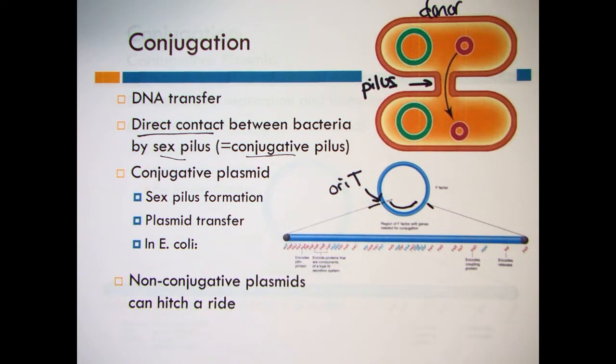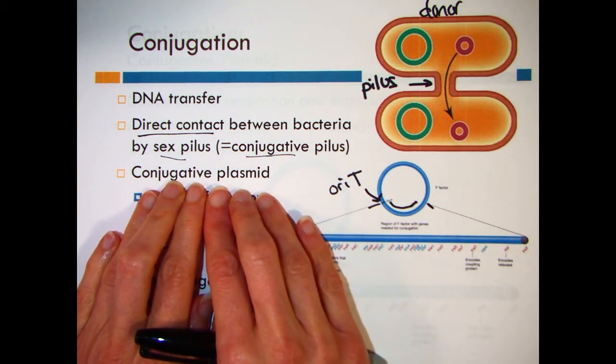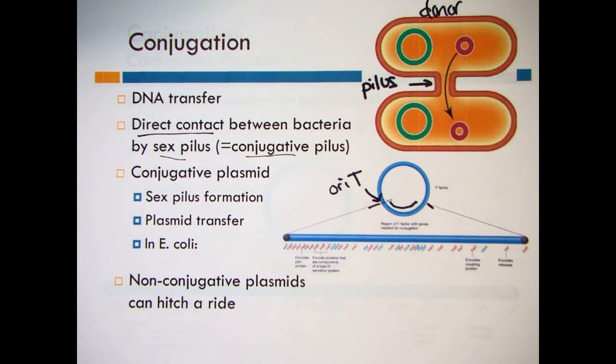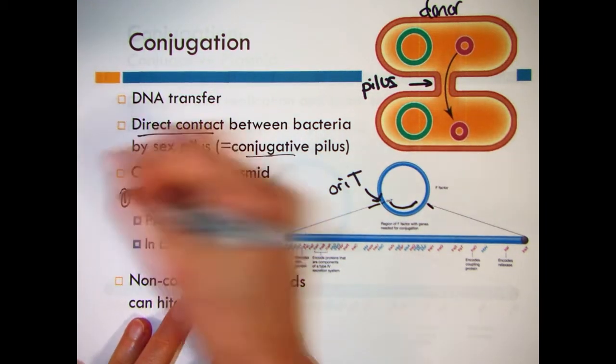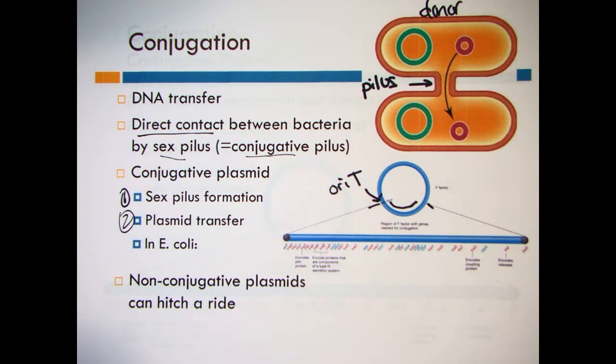The donor cell cannot be a donor cell unless it has the conjugative plasmid, which contains the directions for this to happen. The conjugative plasmid must contain two different types of directions. Number one, directions to build the sex pilus, and number two, directions to move the plasmid.